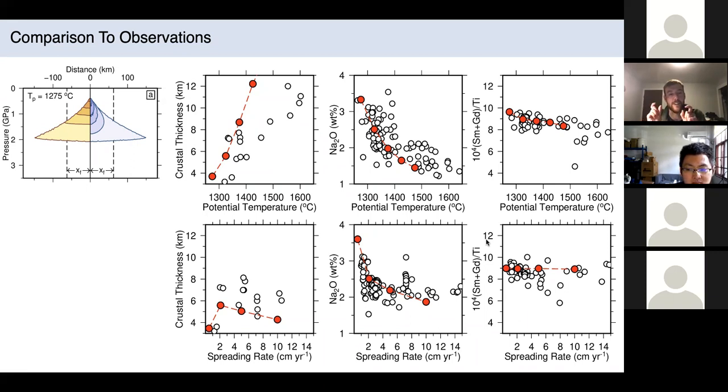And so I wanted to try and disentangle these two processes. So instead of using lanthanum over ytterbium, I used lanthanum over samarium because samarium is less affected by the presence of garnet than ytterbium is. But yes, it can be used, and it gives a good correlation.